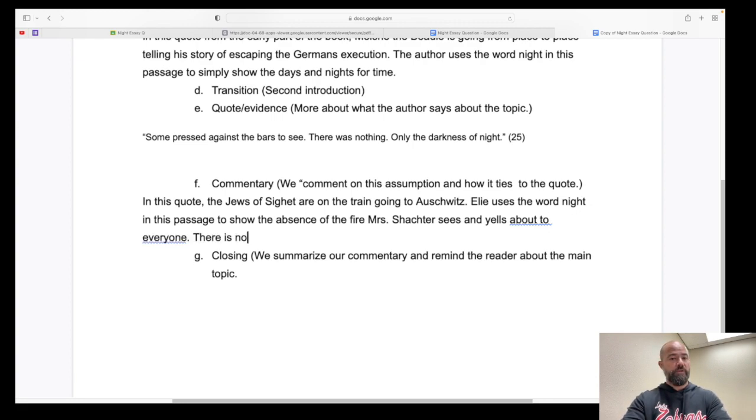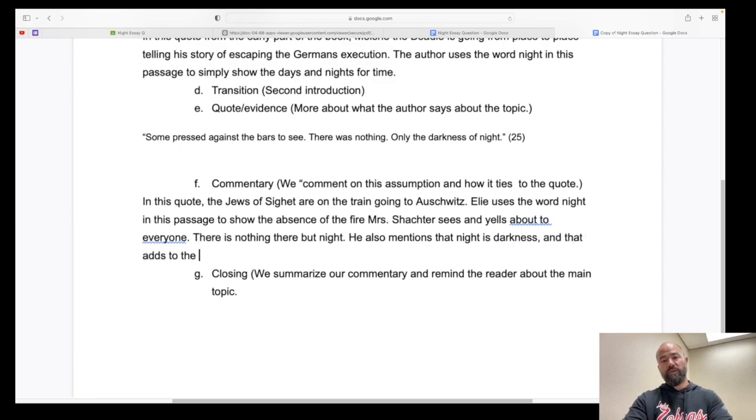There is nothing there but night. Okay? He also mentions that night is darkness, and that adds to the mood of the passage, symbolizing evil and darkness. Boom. Okay.